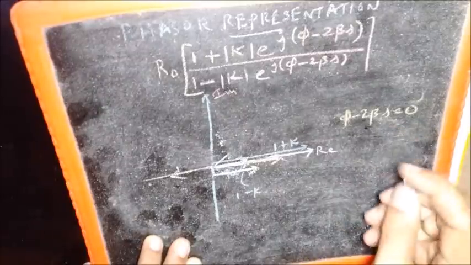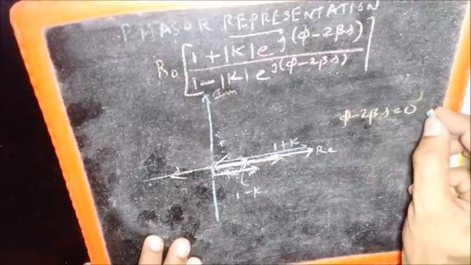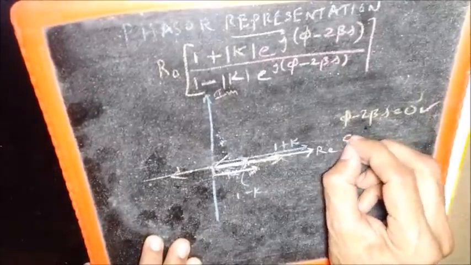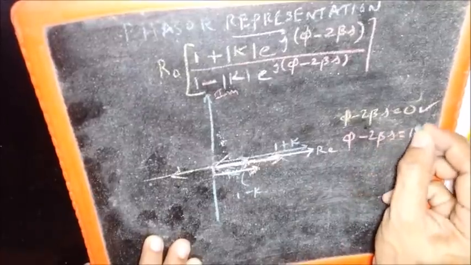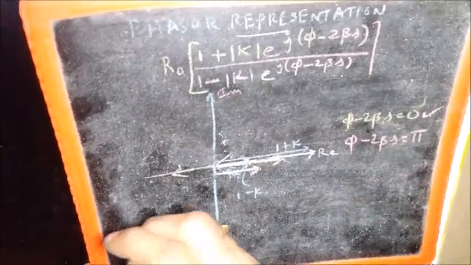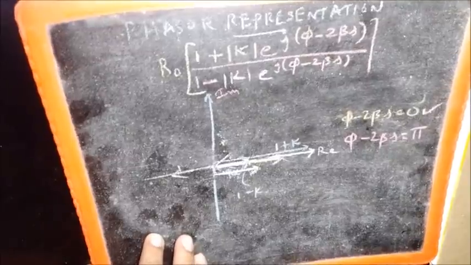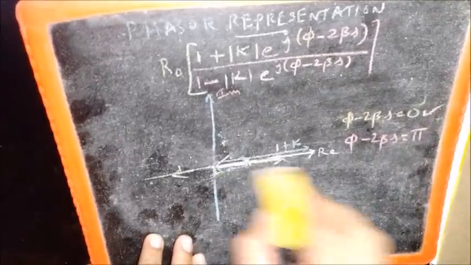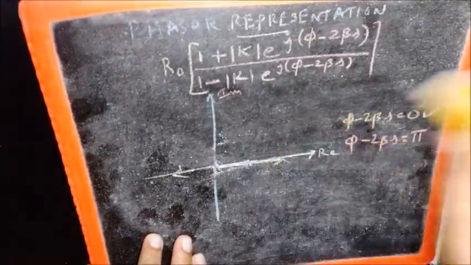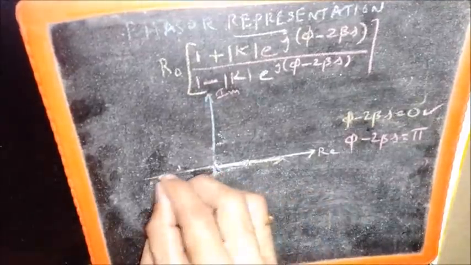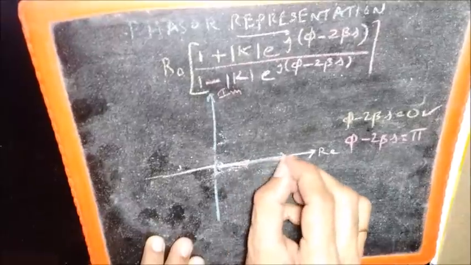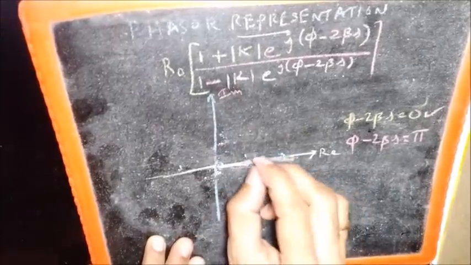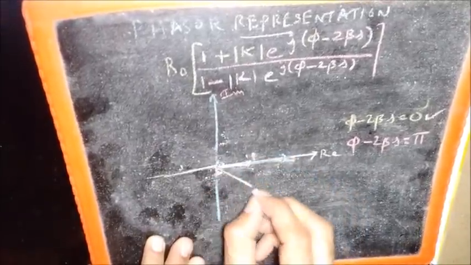Now next, of course this we have discussed now. Now what happens when S is such that phi minus 2 beta s is pi? I will show it here itself. So for some arbitrary value, the earlier diagram I will just draw here again.